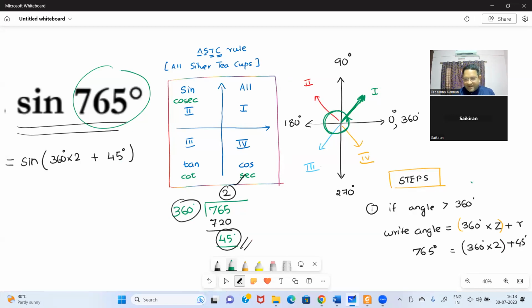So however many times I rotate by 360, I will come back to the same position only. So in the next step, I can remove this, because it is as good as 0. Therefore, 360 into 2, you can remove it in the next step.